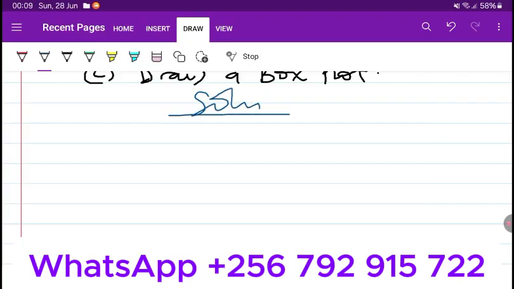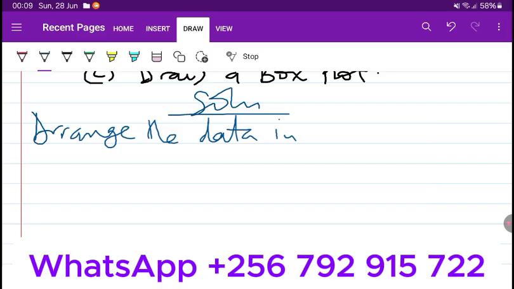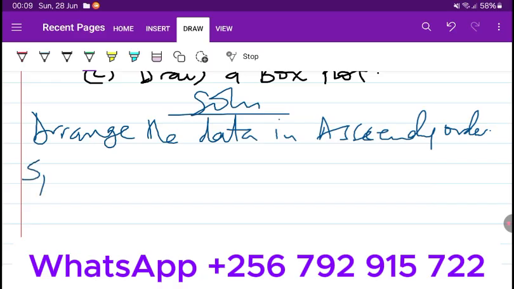Solution. We've seen that the first step is to arrange the data in ascending order. So we start with the 5. Then the second smallest is 15. We had a 16.